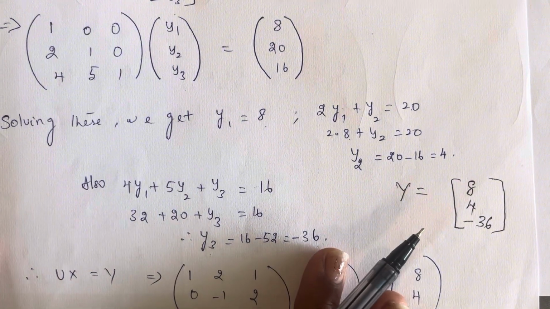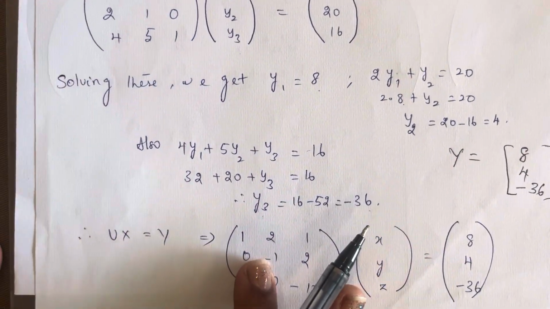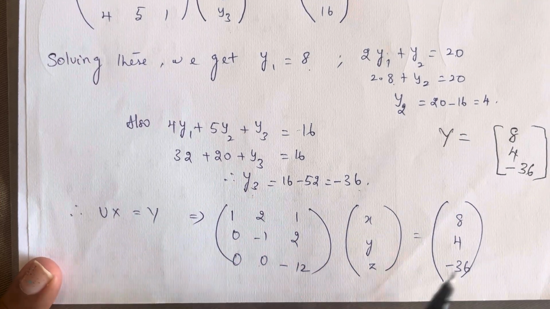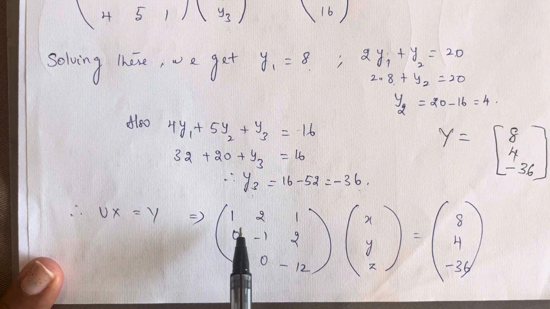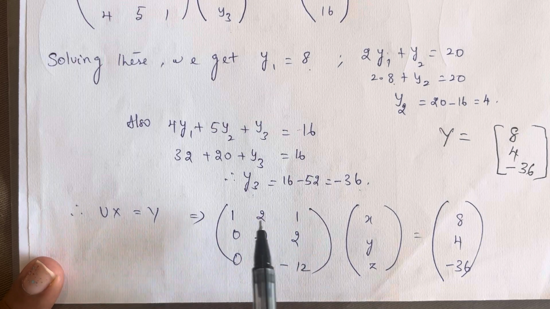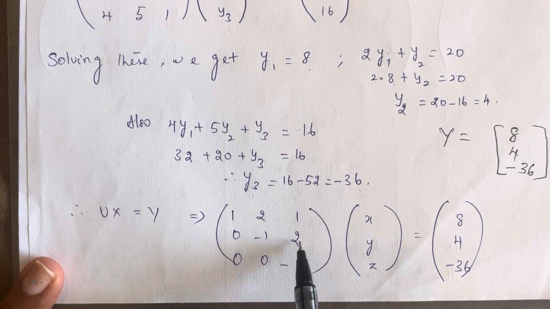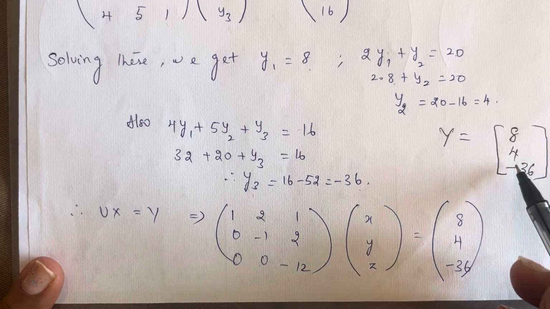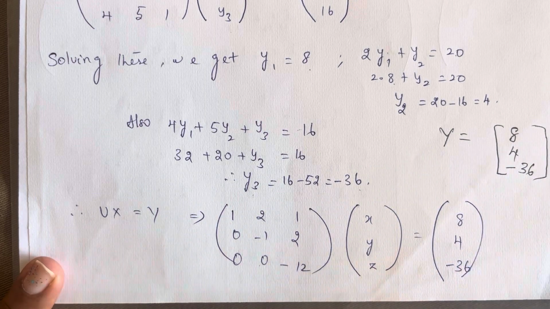Now what is the next substitution? We have to go for Ux is equal to Y. So U, our upper triangular matrix, is 1, 2, 1; 0, minus 1, 2; 0, 0, minus 12, and X, Y, Z we need to find out, and Y we got from here as 8, 4, minus 36.